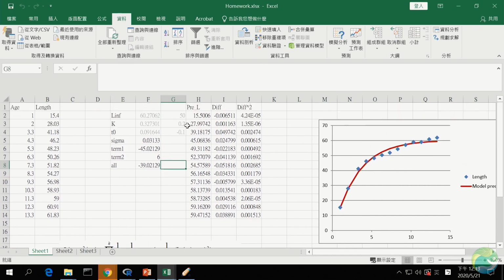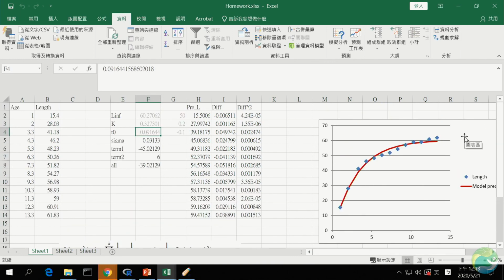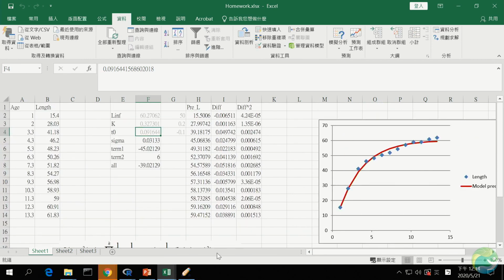Okay, so this is the solution. When L infinity is 60.27, K is 0.32, T0 is very close to 0, we can have this growth curve describe the length and age data quite well for this fish. Okay?